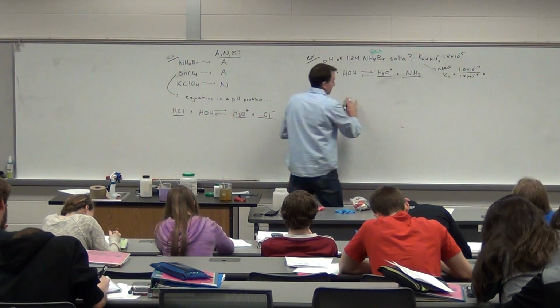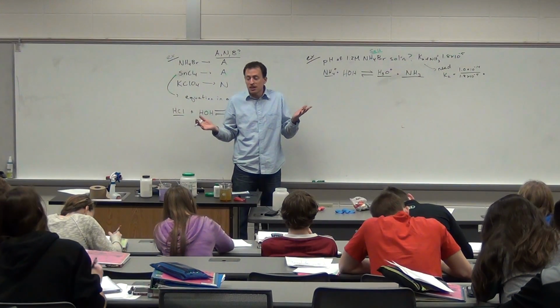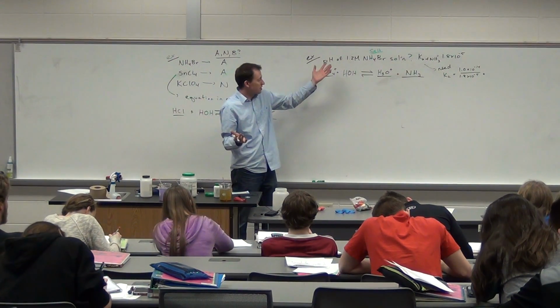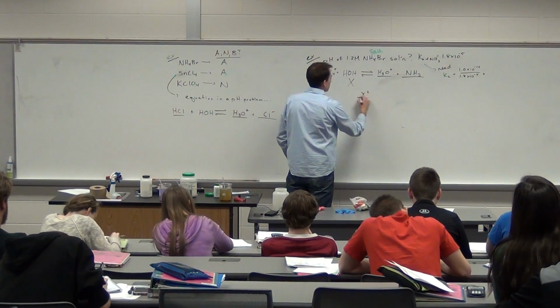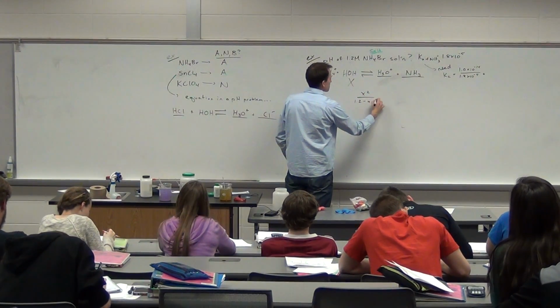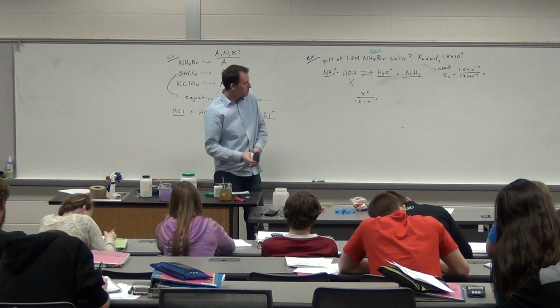And then, you may not even need a T-chart, or an ICE box, I mean. Why? Because it's just an initial amount, right? So, oh yeah, okay, it's going to be x squared over 1.2 minus x equals whatever my K is.